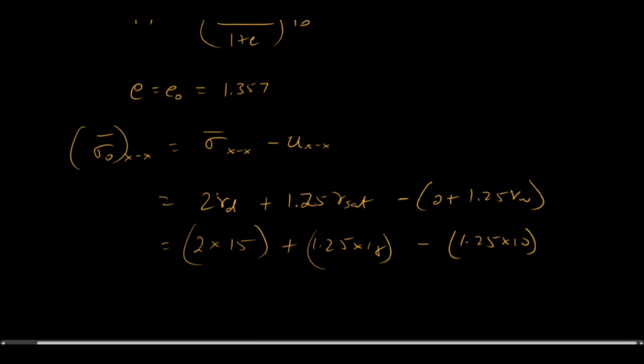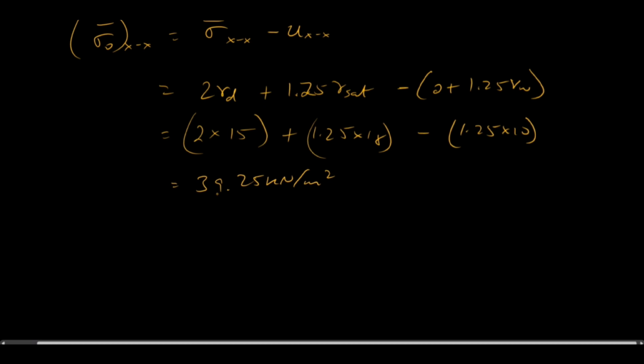By calculating we get 39.25 kilonewton per meter square, which is sigma naught dash.